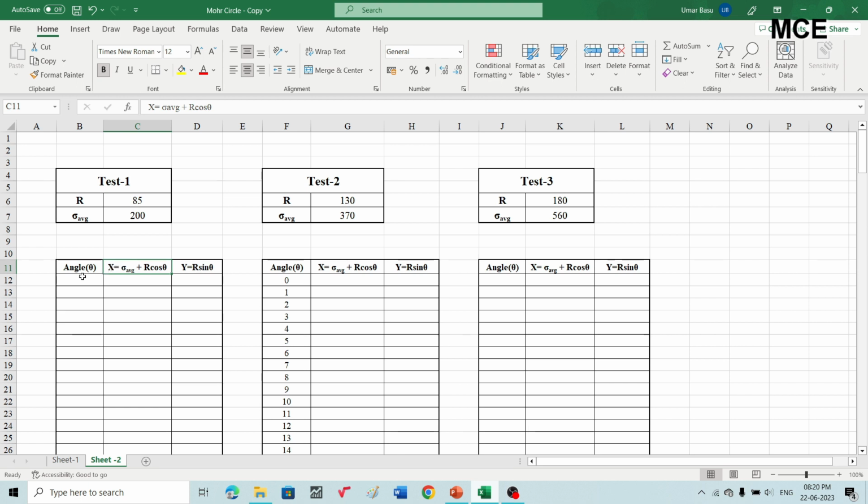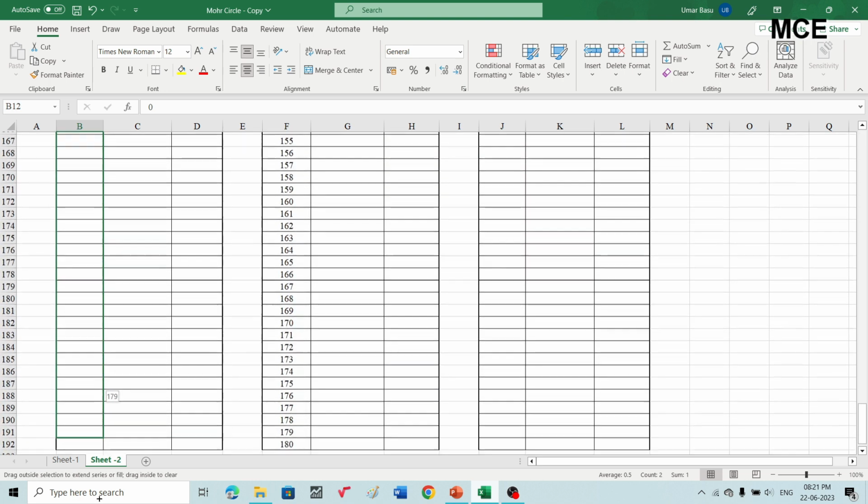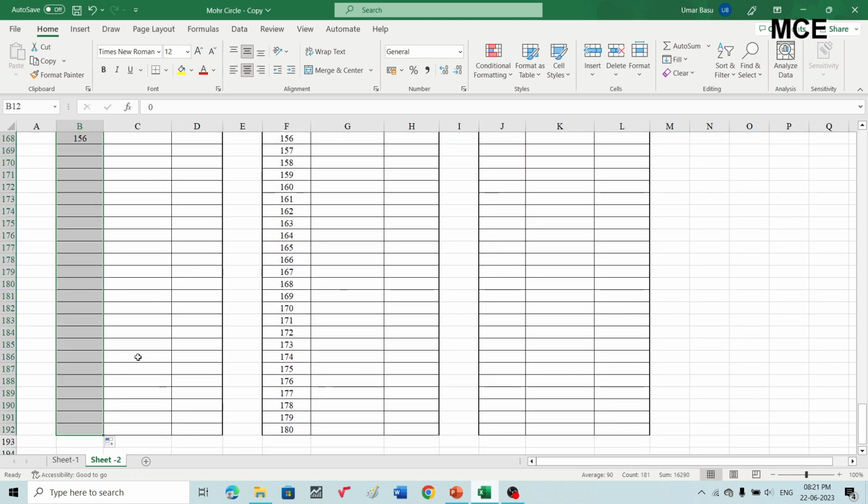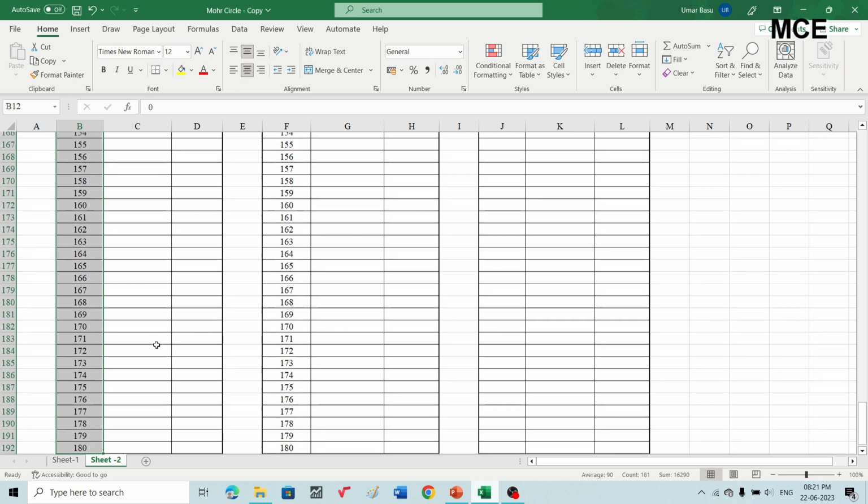In the angle column, you will write the angles in degrees starting from 0, then you will write 1. After that, you will select these two and drag it till 180 degrees, because we are constructing only half of the Mohr circle.